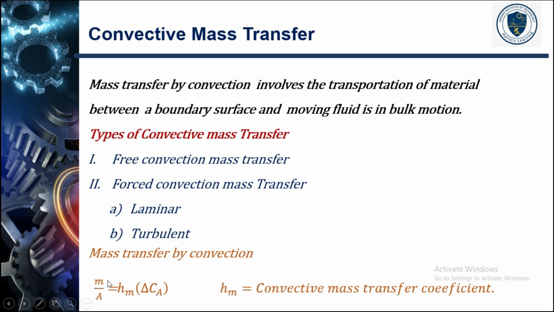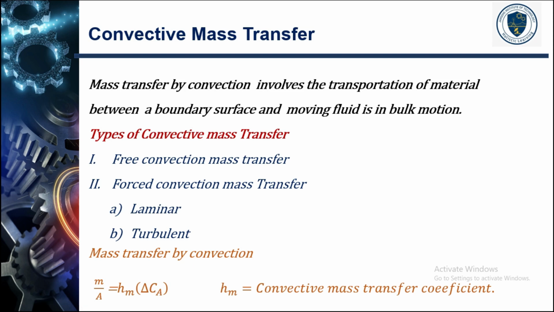This is very much identical to Newton's law of cooling, which is the basic law for convective heat transfer. We can write Newton's law of cooling as Q equals h times delta T. In the same way, Q is replaced here by N_A, the convective heat transfer coefficient is replaced by the convective mass transfer coefficient, and delta T is replaced by delta C_A.